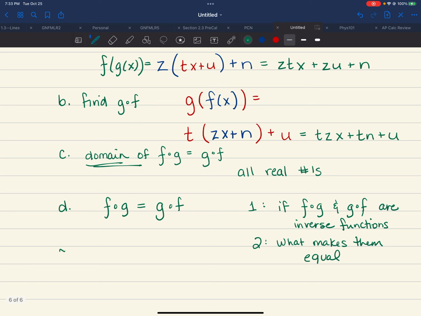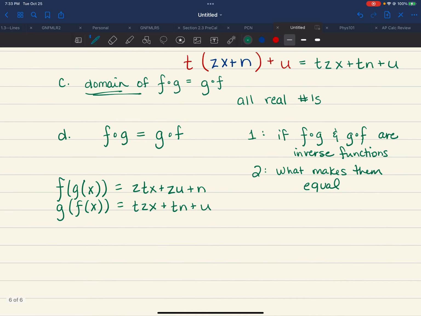So my f of g of x is equal to ztx plus zu plus n. And my g of f of x is equal to tzx plus tn plus u.